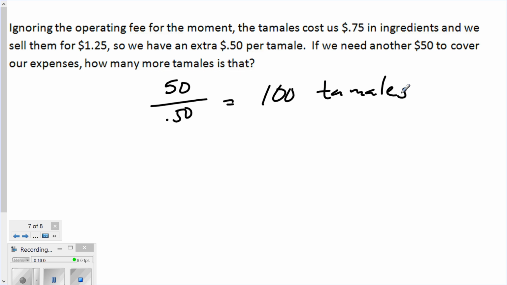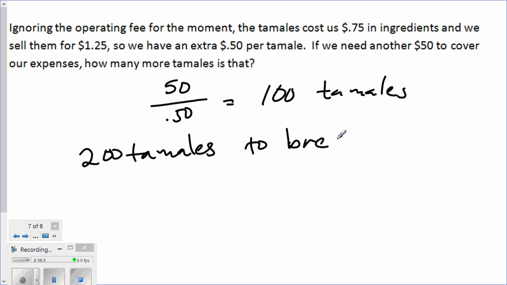So if we make and sell 100 tamales, we end up losing $50. But with another 100 tamales, we bring in another $50, and then we would be breaking even. So it's going to take 200 tamales to break even, for our revenue to cover all of our costs.